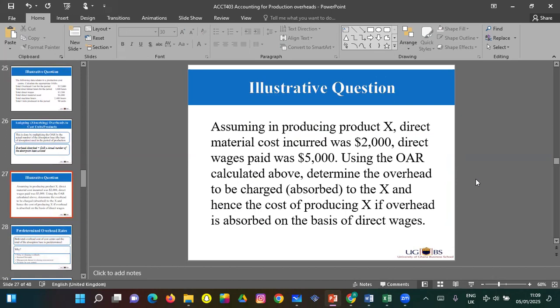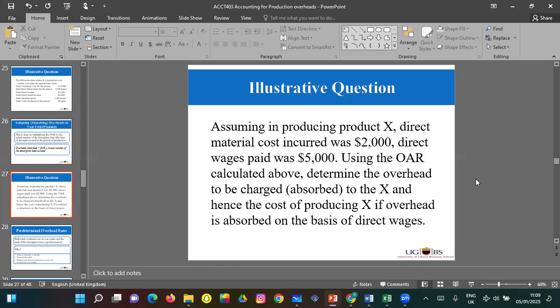Assuming in producing product X, direct material cost is 2,000 and direct wages was 5,000. Using the overhead absorption rate calculated above, determine the overhead to be charged to X, and hence the cost of producing X if overhead is absorbed on the basis of direct wages.